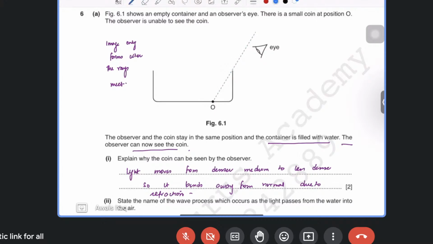So when you fill it with water, if the ray comes to the water and now you draw a normal line, because it's going from water, which is basically more dense, to air, which is less dense. I told you that when it goes from more dense to less dense, it bends away from the normal. So when it bends, the eye can see. Do you understand?